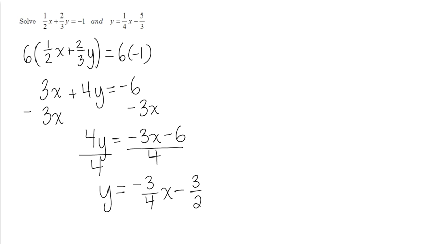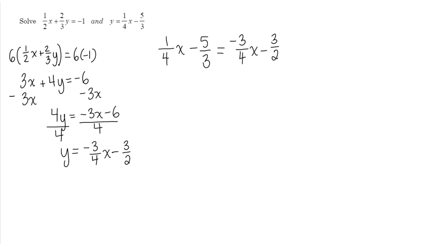Because we know y equals one thing and we know y equals the other thing, so those two things must be equal to each other. So that's just what I wrote down. I've got 1/4 x take away 5/3 is equal to negative 3/4 x take away 3/2.